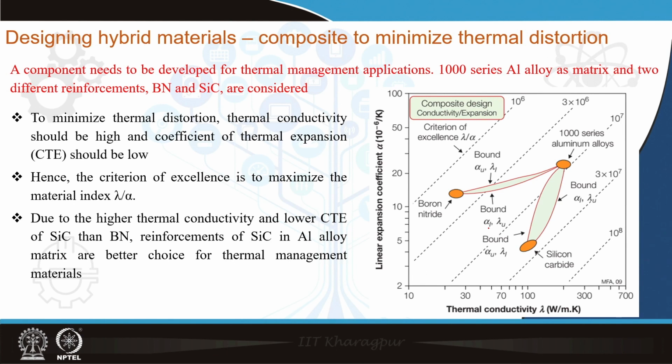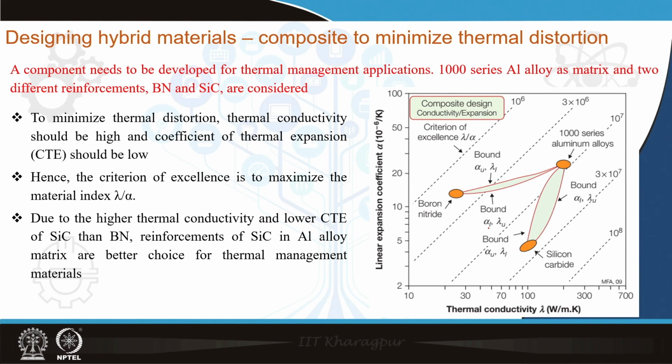We also see trend lines plotted here. These trend lines correspond to a constant value of 10 to the power of the excellence criterion, which is lambda over alpha. As we know, to minimize the thermal distortion, the excellence criterion should be as high as possible. That means lambda over alpha should be as high as possible.